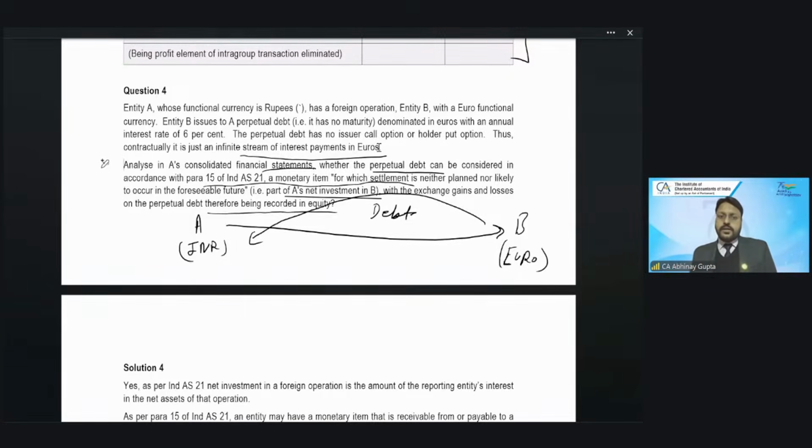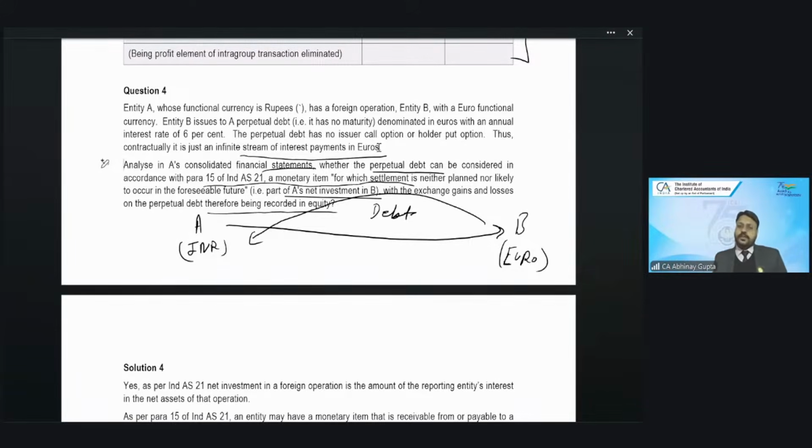In that case, can these debtors, which are not planned to be settled or likely to be settled in the foreseeable future, take the color of a net investment? Yes, sir. It is a net investment.